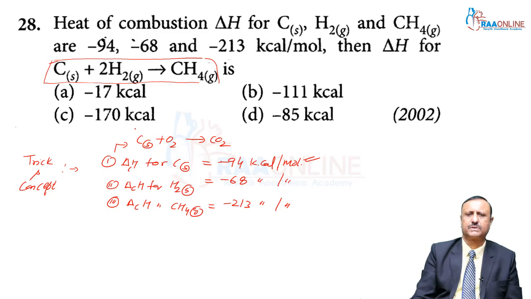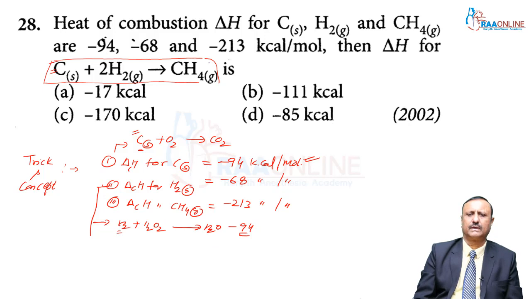So, in combustion you get 1 mole of carbon solid, and here in this reaction also 1, so you can take this heat directly. Now, reaction number 2: H2 plus half O2 gives water, with heat minus 68 kilocalories.